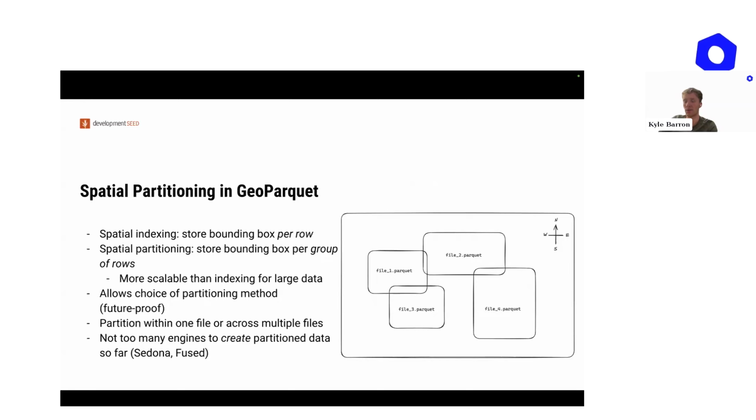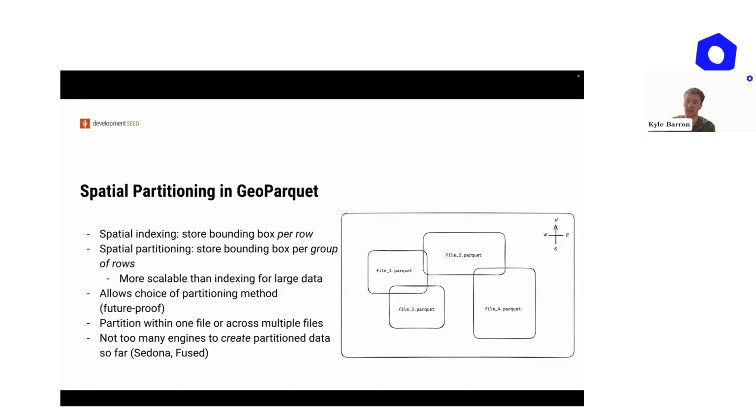And so I want to be clear of the difference between what I call spatial partitioning and spatial indexing, where other formats such as GeoPackage or FlatGeobuf have a spatial index as part of the file, which means that every single row is included in this index.